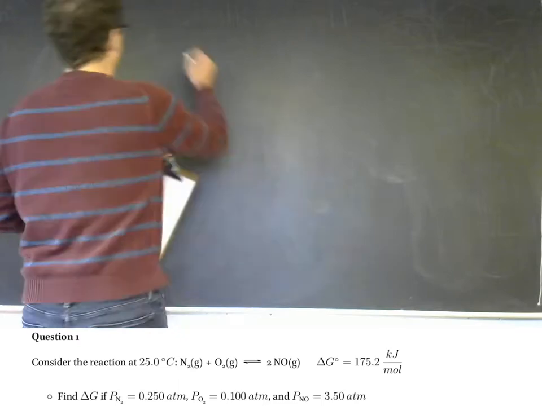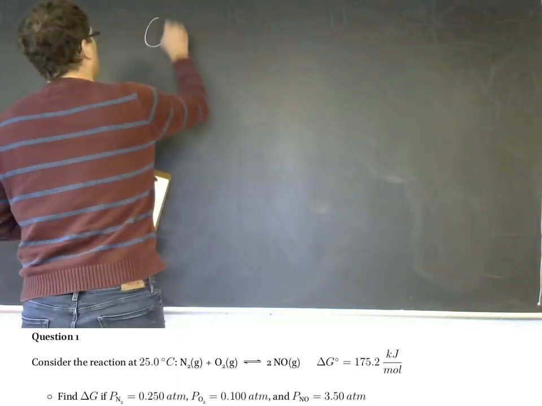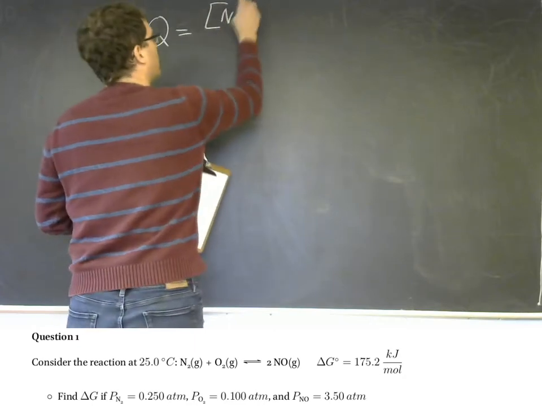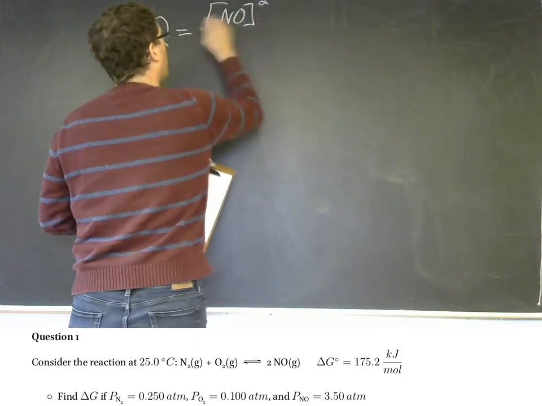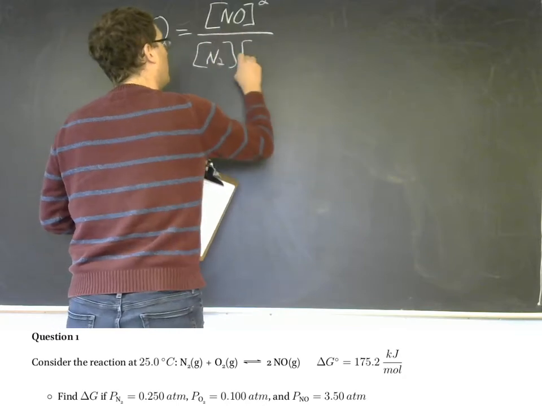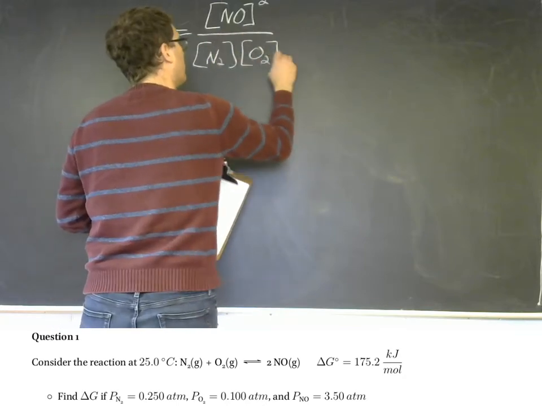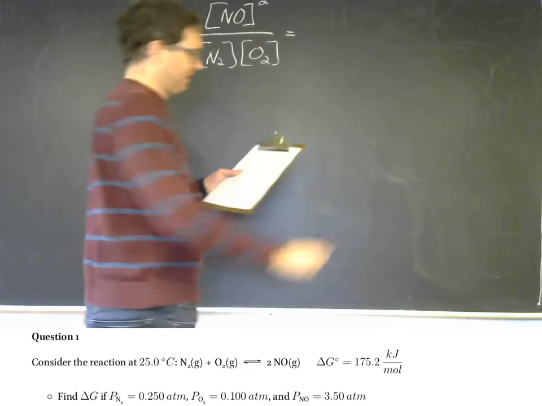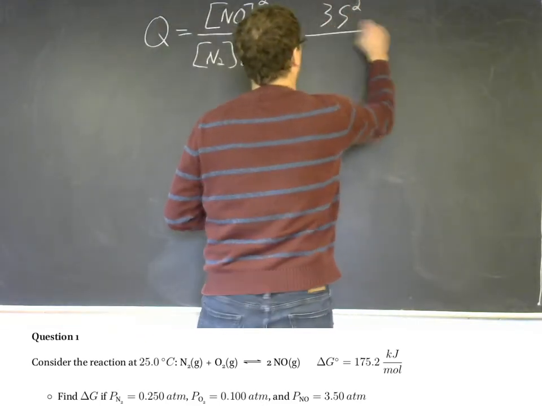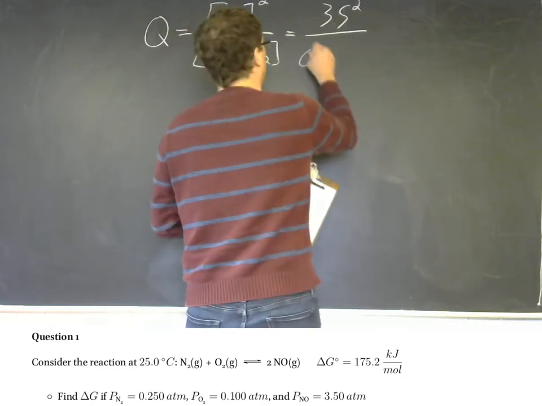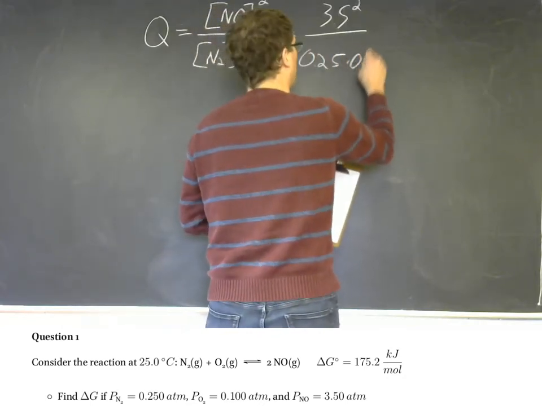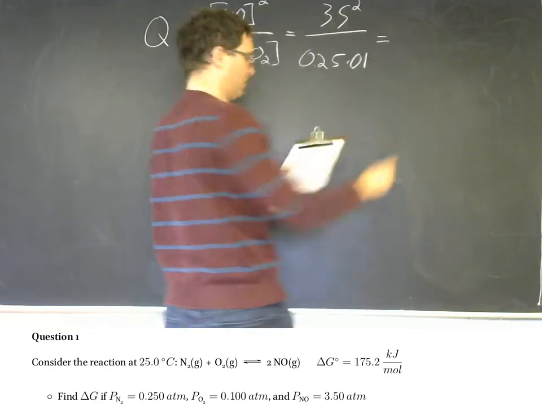So first we need to have an expression for Q. Q is going to equal the concentration of nitrogen monoxide squared over the concentration for nitrogen and oxygen. And in this case that would be 3.5 squared over 0.25 times 0.1, or in other words, 490.